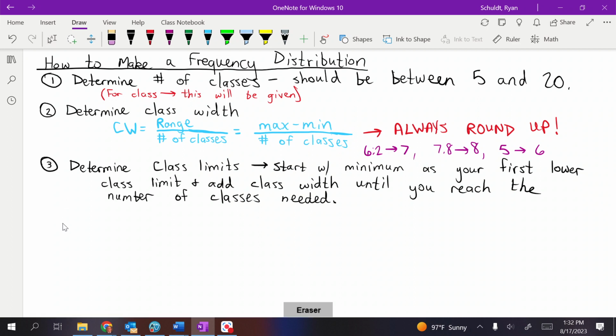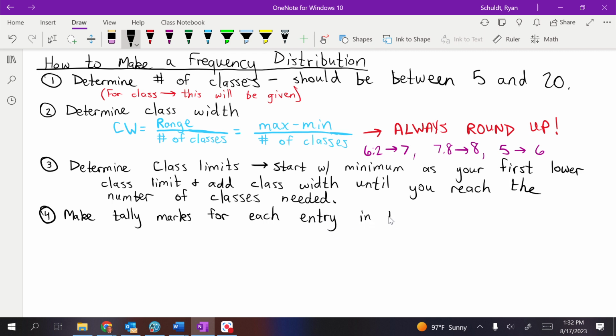Okay. Step 4. Make tally marks for each entry in the appropriate class.